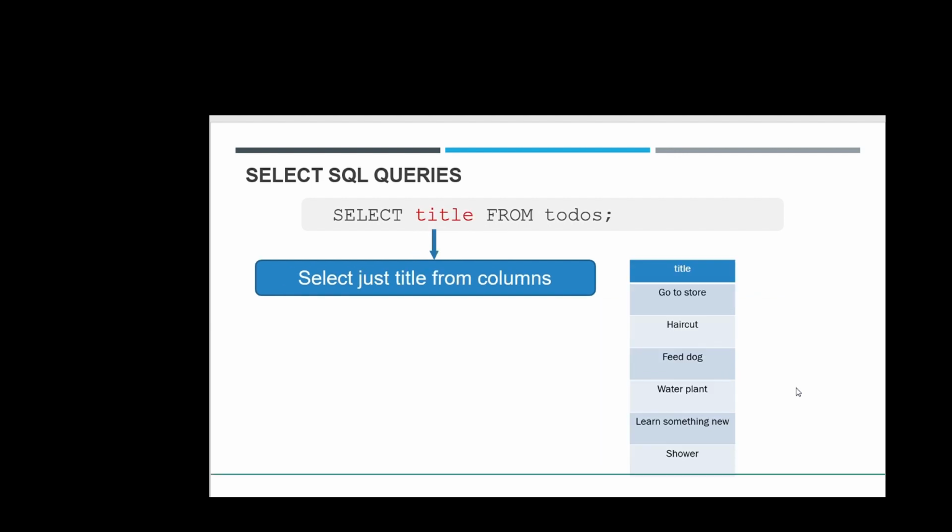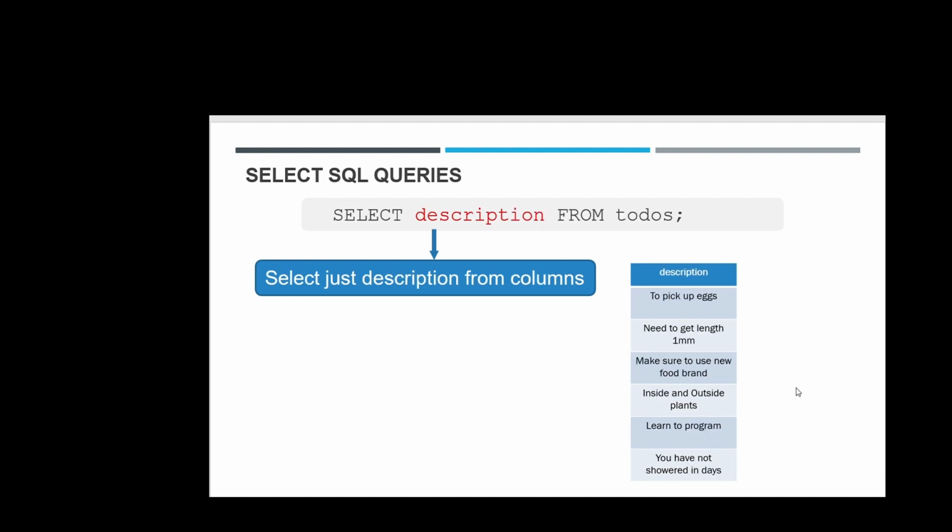If we want, we can just grab one of the columns. In this case we select the title column from to-dos, and it shows us only the title column. We can select only the description column from the to-dos, and it will print out just the description column.